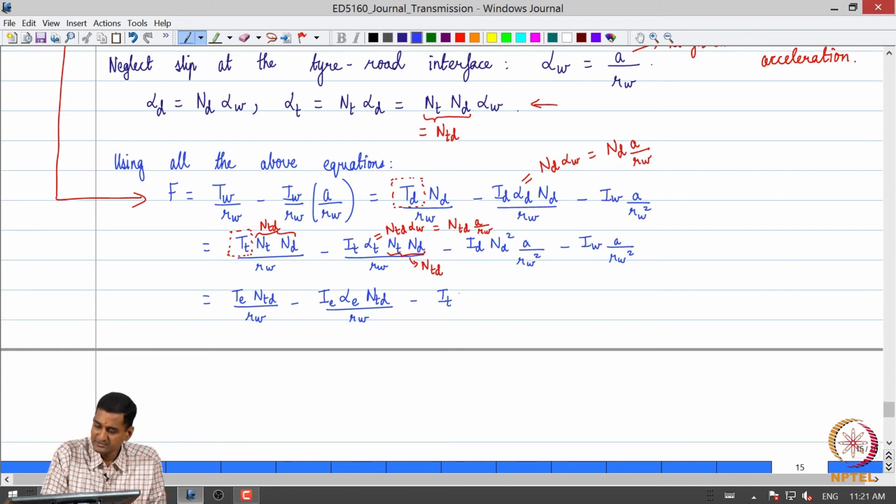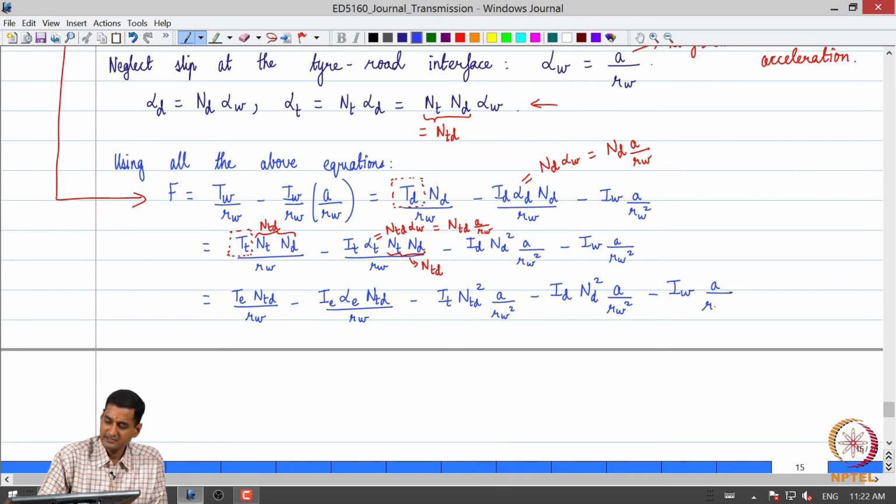What we are going to do is that we are going to rewrite this as Ntd square A divided by Rw square minus Id Nd square A divided by Rw square minus Iw divided by Iw multiplied by A by Rw square, right.